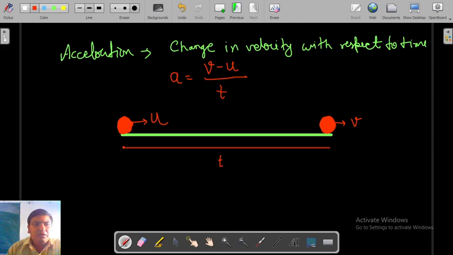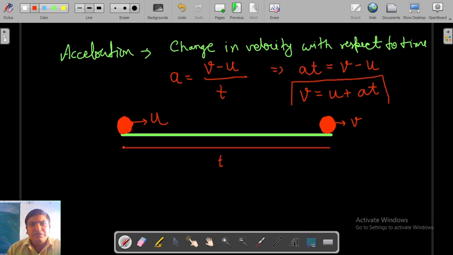So doing cross multiplication, we have here that at equals to v minus u, which means v equals to u plus at. So this is the simple method from which we can derive the first equation of motion. First equation of motion, v equals to u plus at.